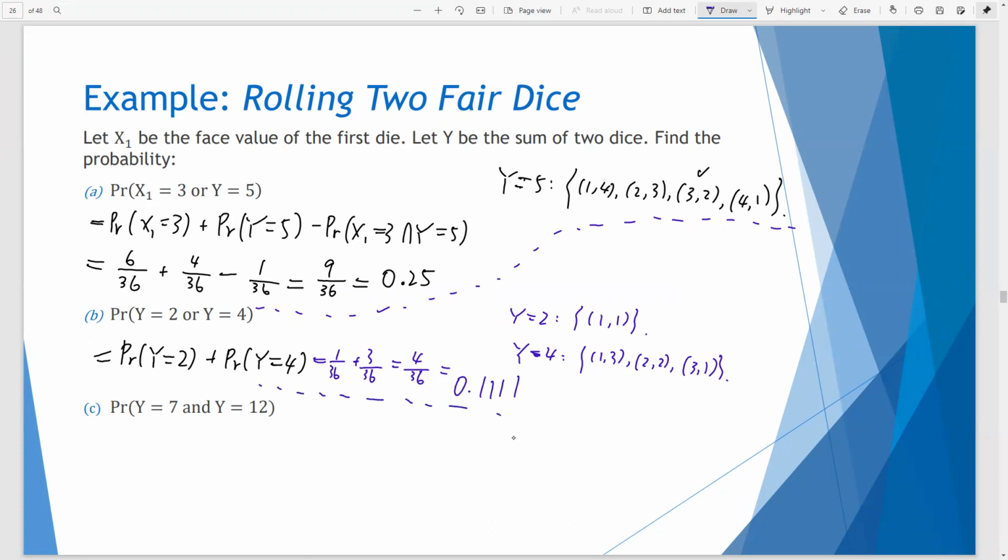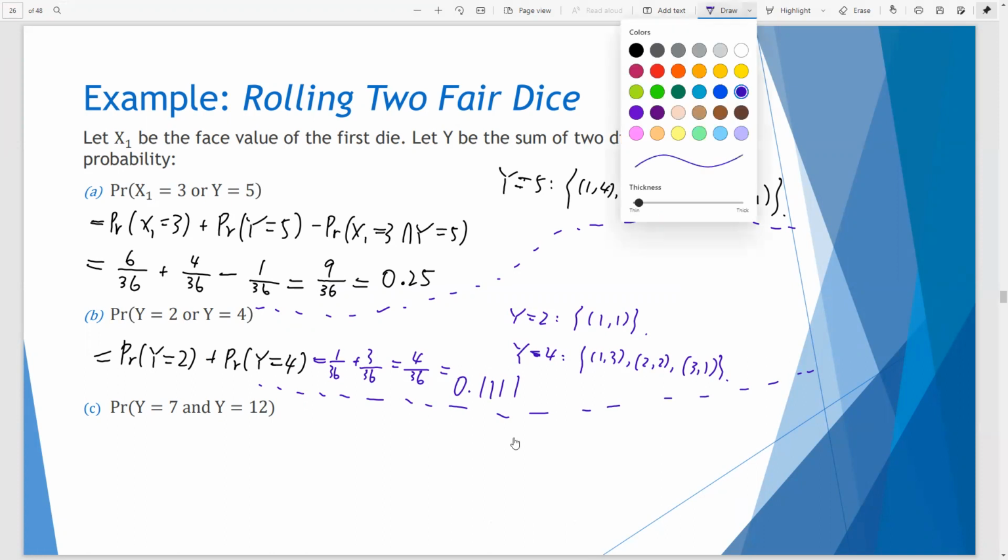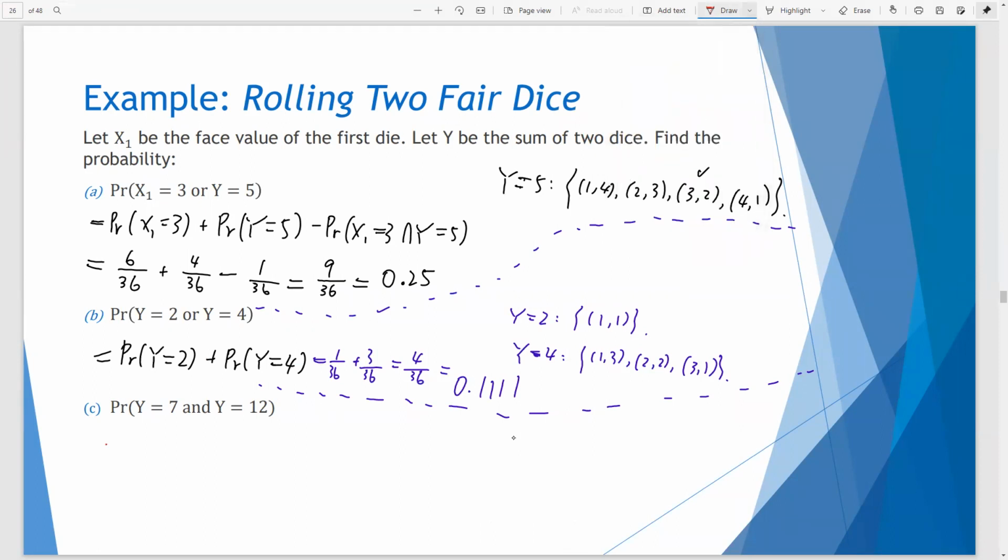Right, let me have another boundary here and use another color. The sum equals 7 and the sum equals 12, right? From the last example we can see that when the sum is one value it cannot be the other.